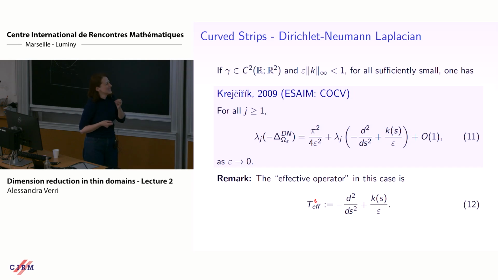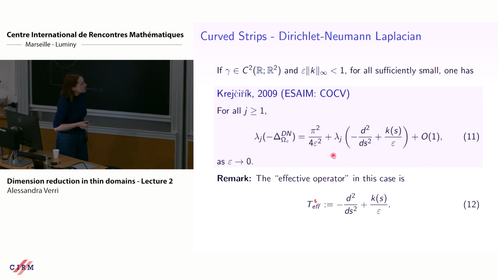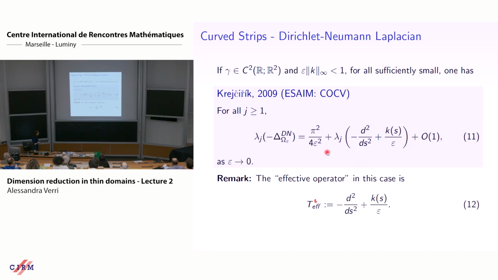Here I'd like to mention this result from Krzyzek. In this paper, he found this asymptotic behavior for the values given by the minimax principle. For each j in this expression, we have this value that comes from the renormalization, and here we have the values given by the minimax principle of this one-dimensional operator.